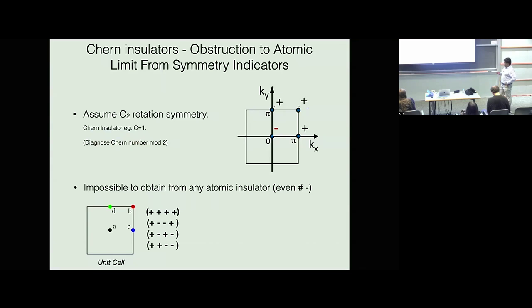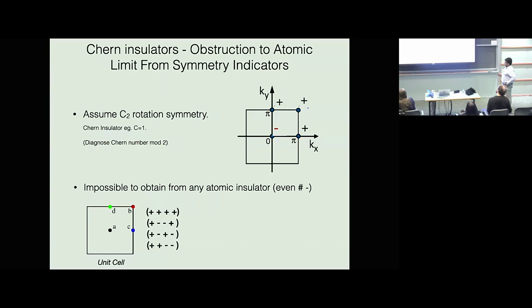This particular assignment where you have an odd number of minus orbitals versus the plus orbitals. Okay, and what you can show is that if you had an atomic insulator, if you could think of your electrons as simply being localized at certain sites, of course, it's just a single band, so it has to be localized at C2 invariant locations in the unit cell. So those are the Wyckoff positions.